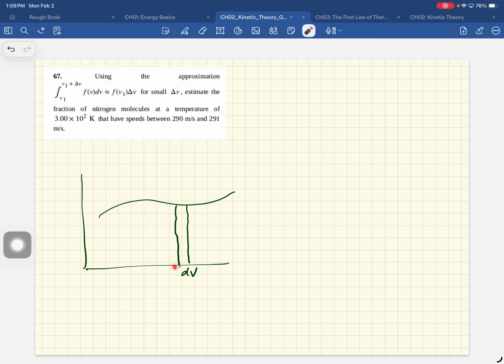And remember, m over k is equal to the molar mass over R.